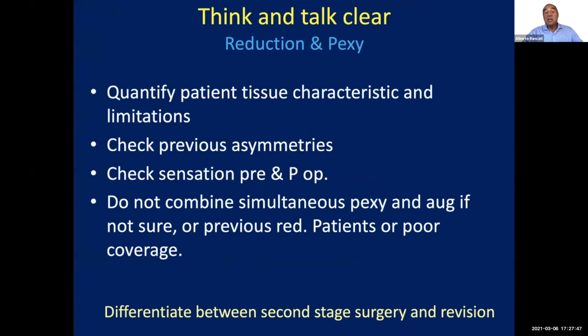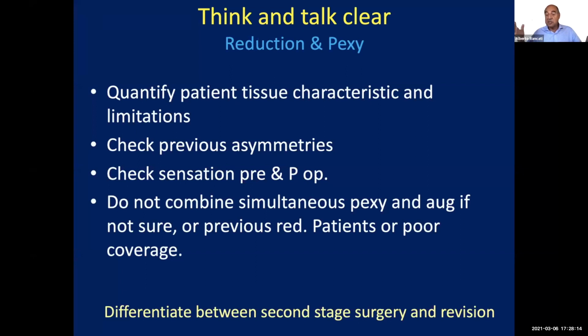If you are talking about reduction or mastopexy, quantify the patient's tissue characteristics and limitations and what the patient desires as a result. Check previous asymmetries, check sensations pre and post-op. Do not combine simultaneous mastopexy and augmentation if you are not sure of the result, or the patient has a previous reduction or a poor coverage.